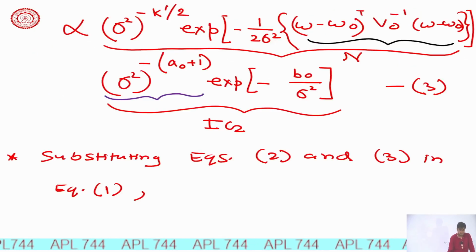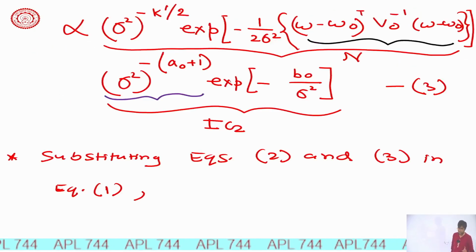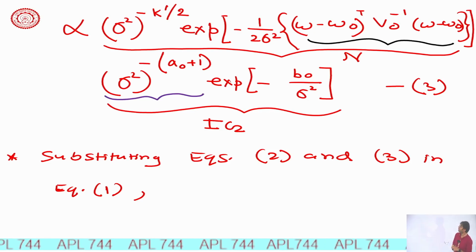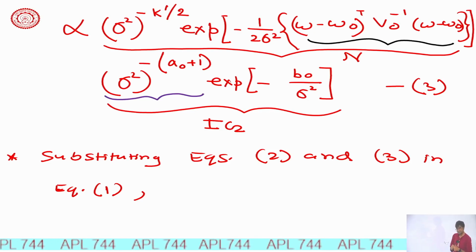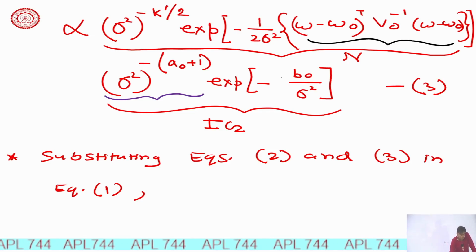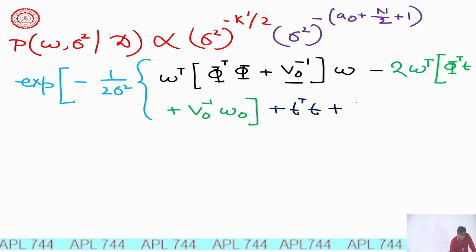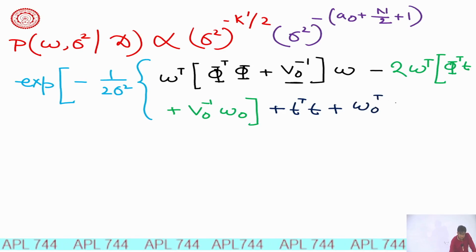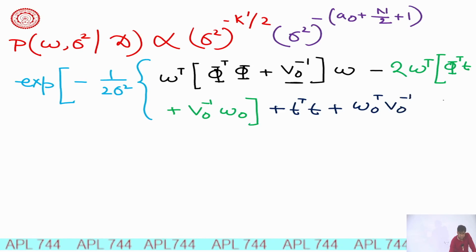And what are the remaining terms from here? W transpose V naught inverse W naught. That is one term. So W naught transpose V naught inverse W naught.